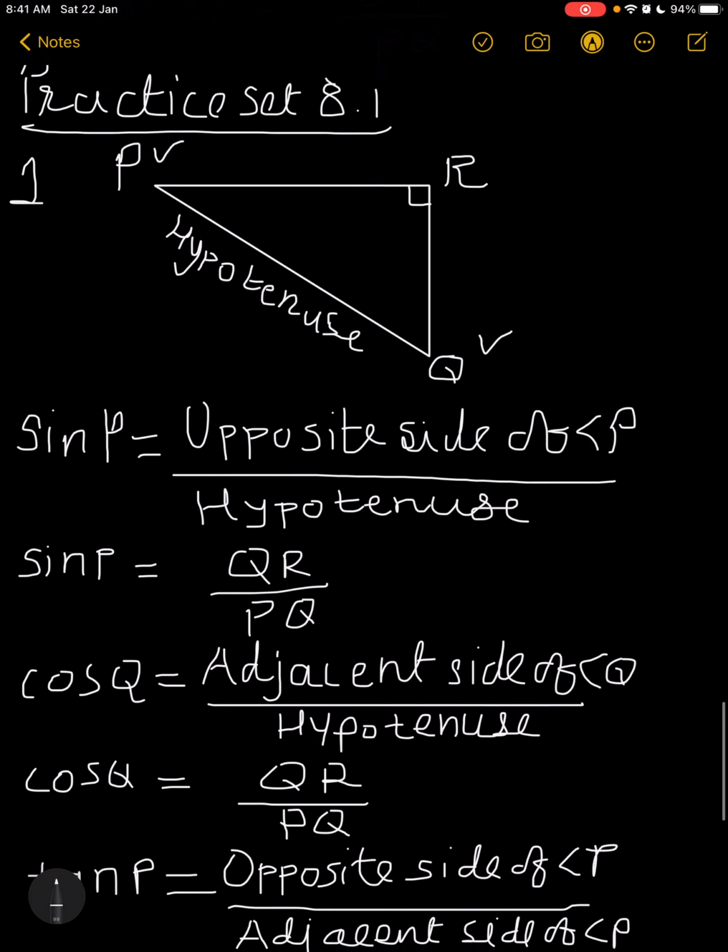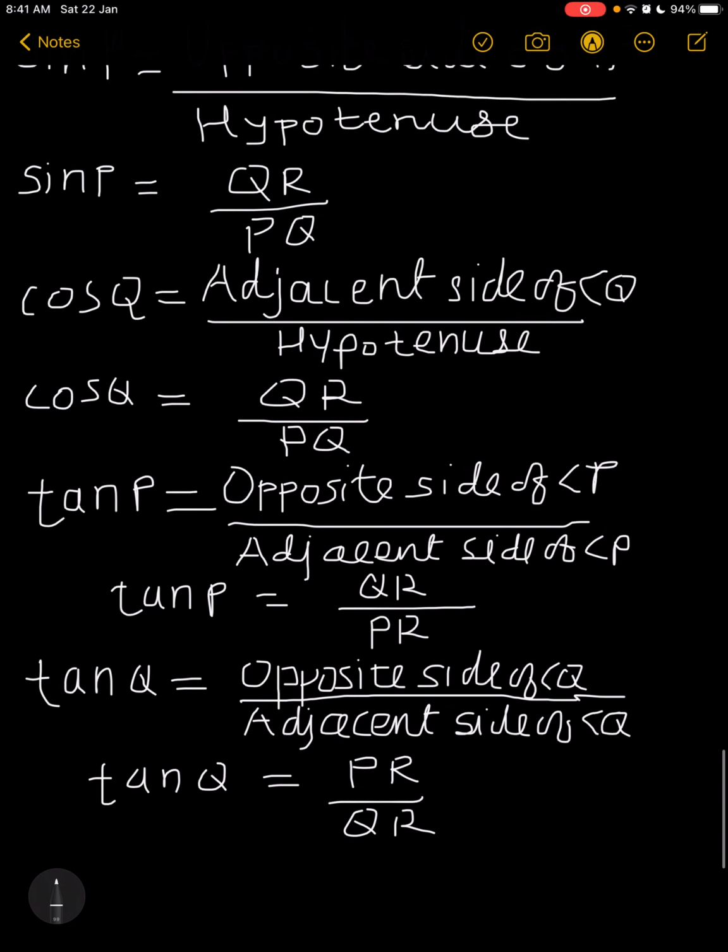So this ratio of PR and QR will be called tan Q.